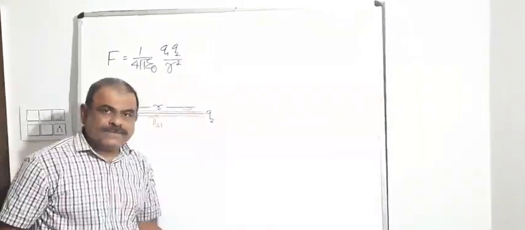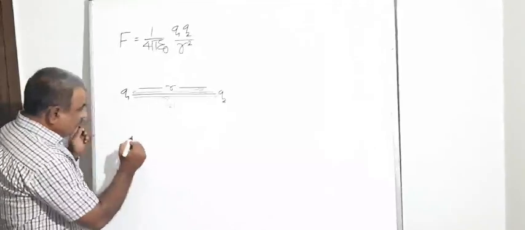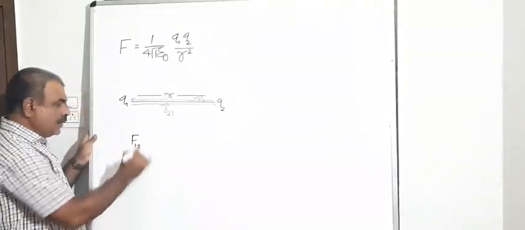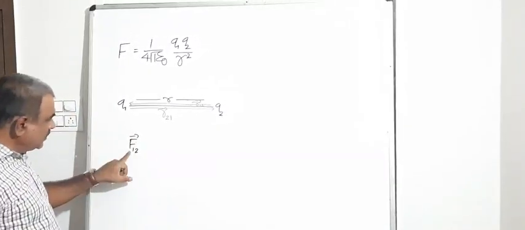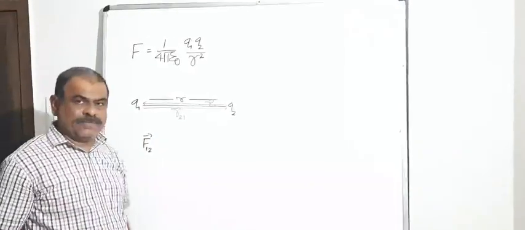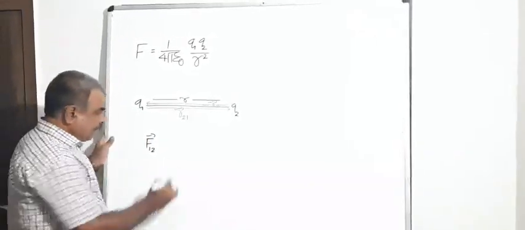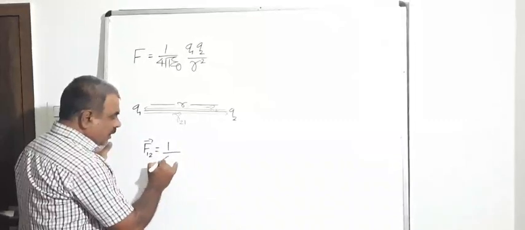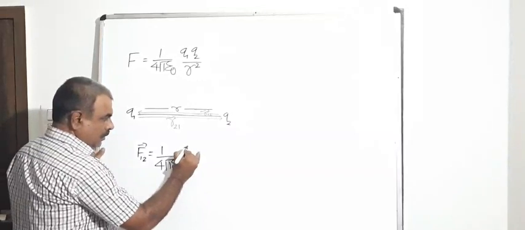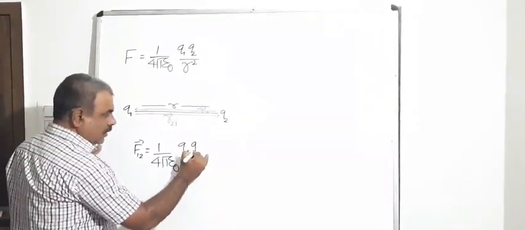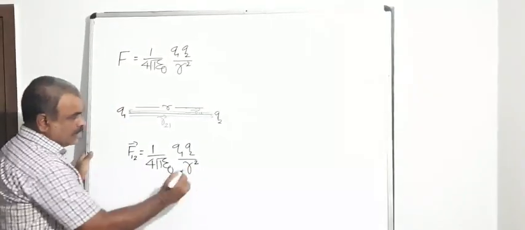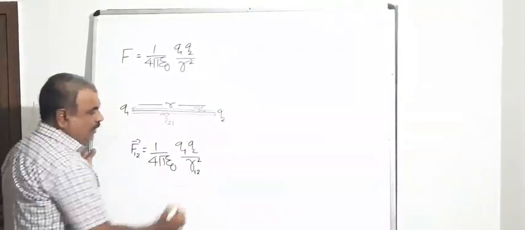So in that case, if I write F12 as the force acting on charge 1 by charge 2, and I represent it in vector form, then it will be 1 over 4 pi epsilon 0 Q1 Q2 by R square, and here I'll write R12.